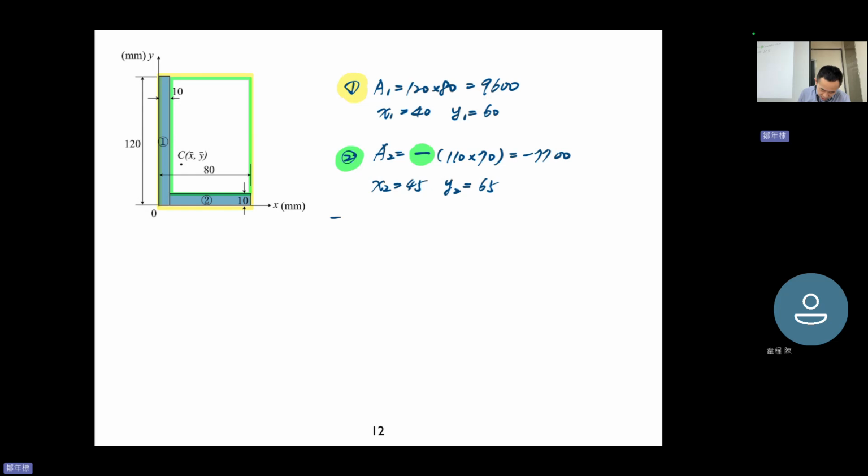So your X bar equals 9600 times 40 plus minus 7700 times 45. So you need to be careful that if you include something you shouldn't include, you need to subtract it, you need to delete it, and you will get exactly the same answer.